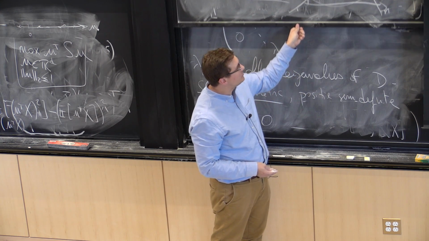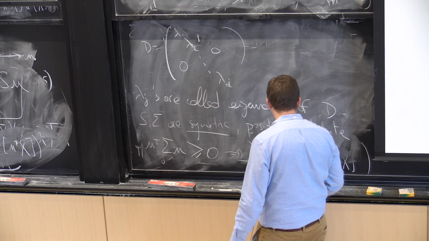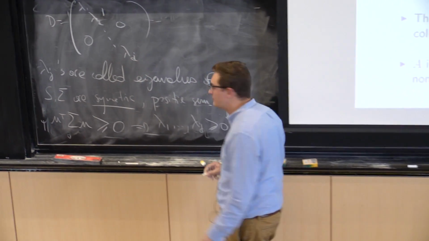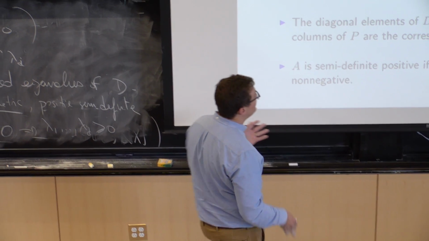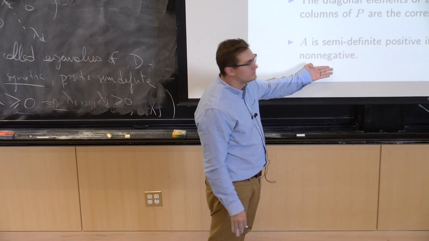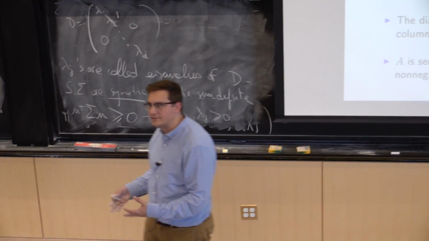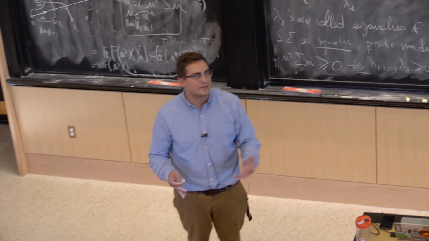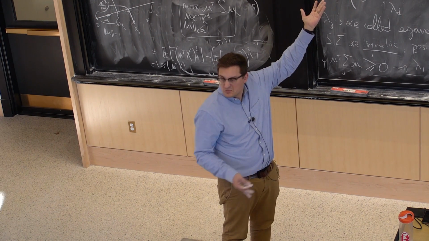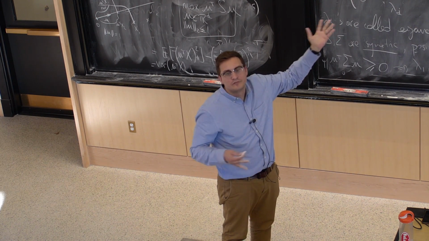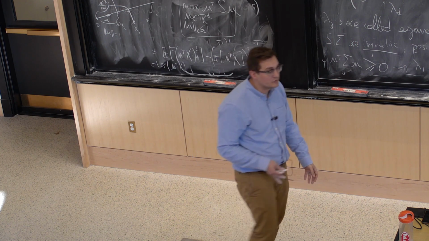But when it's positive semi-definite, it turns out that all the lambda j's are non-negative. So all the eigenvalues are non-negative. That's the property of positive semi-definite. When it's symmetric, the eigenvalues can be any number. And when it's positive semi-definite, in particular in the case of the covariance matrix and the empirical covariance matrix, the empirical covariance matrix is an empirical variance, which itself is non-negative. And so the eigenvalues are non-negative.